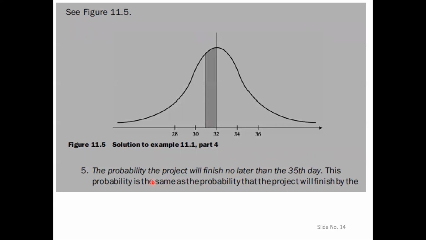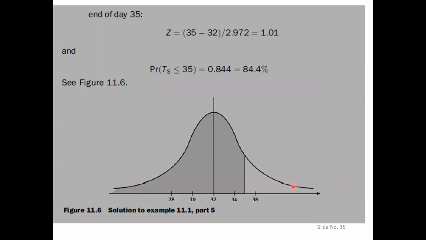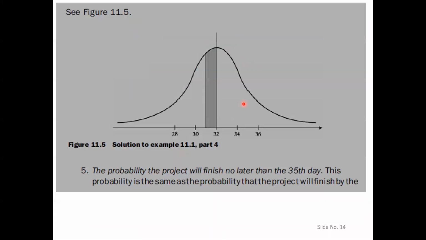That means this probability is the same as the probability that the project will finish by the end of day 35. This is another way of saying the same thing. No later than the 35th day means the 35th day or earlier.